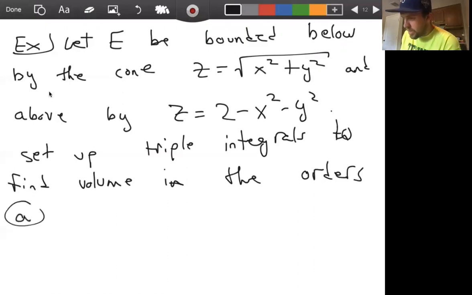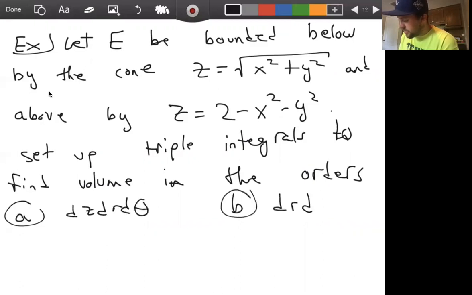So let's do A will be in the order dz, dr, d theta, and then B will be the order dr, dz, d theta. Okay, so let's first, again, understand what's going on here, right?